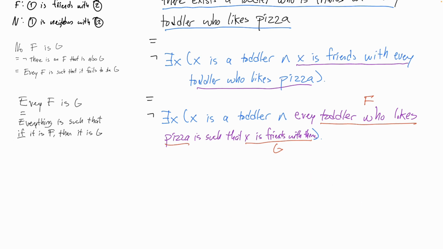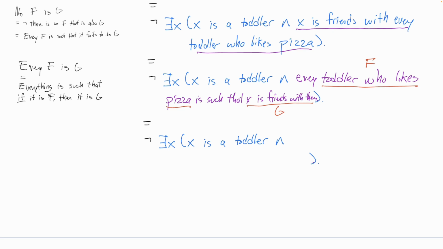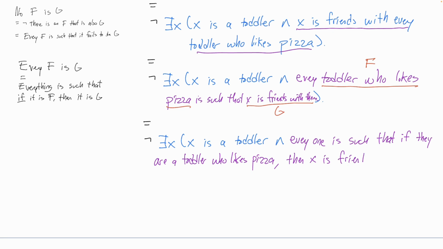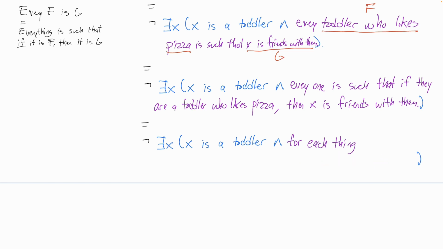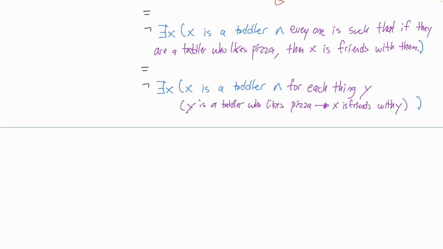So we see this claim as saying everyone is such that if they are a toddler who likes pizza, then x is friends with them. And that, in turn, can be rephrased as "for each thing y, if y is a toddler who likes pizza, then x is friends with y."